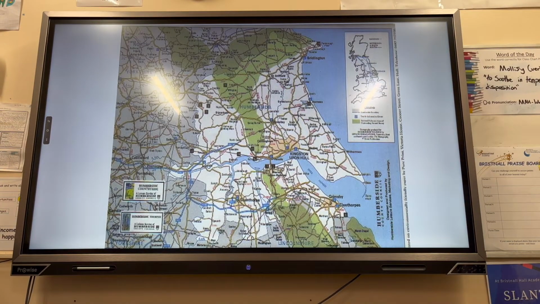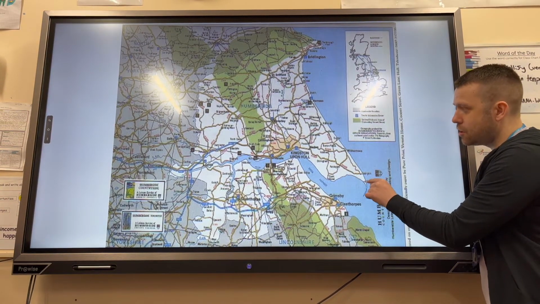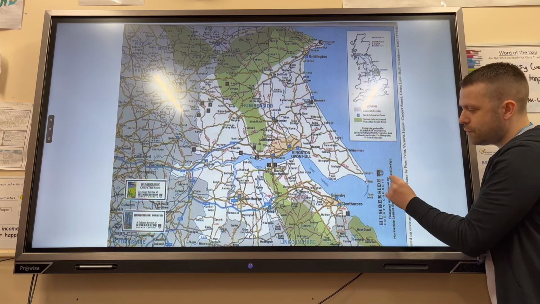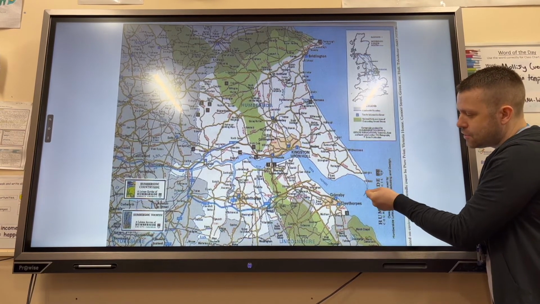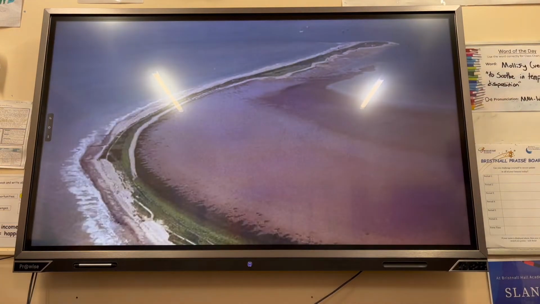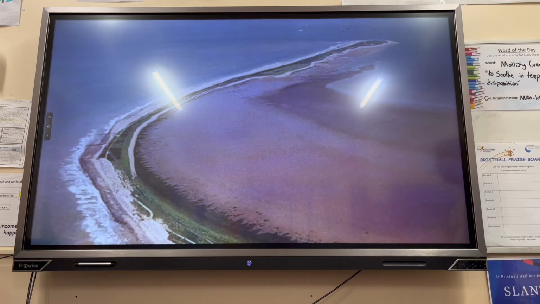If the coastline changes direction, for example here along the Holderness coast, longshore drift will continue, and it can lead to landforms of deposition such as this spit here. Material from eroded cliffs has been dragged down the coastline by longshore drift.